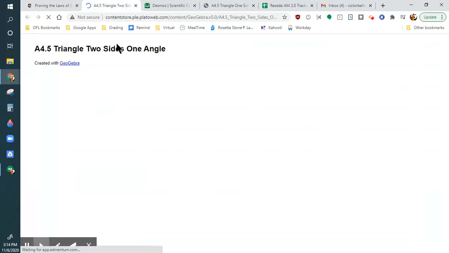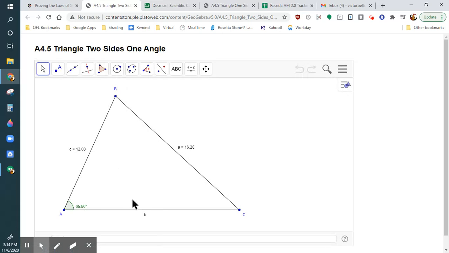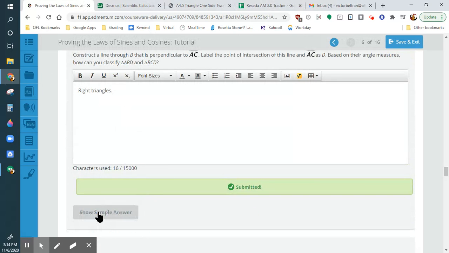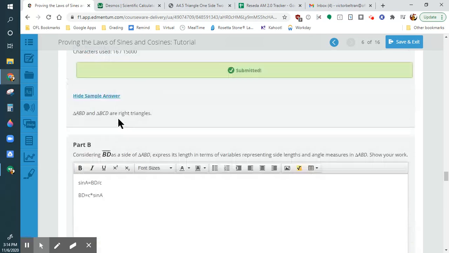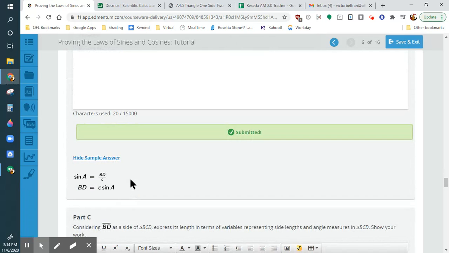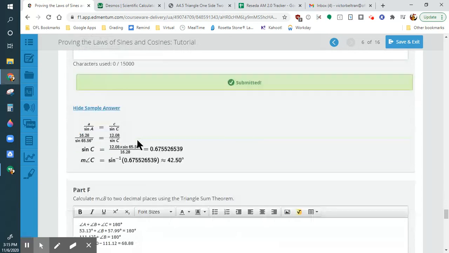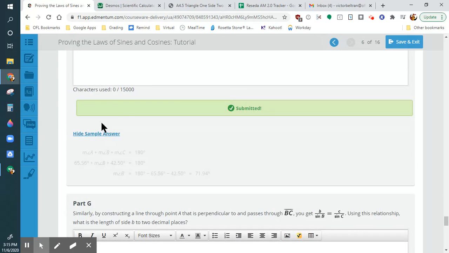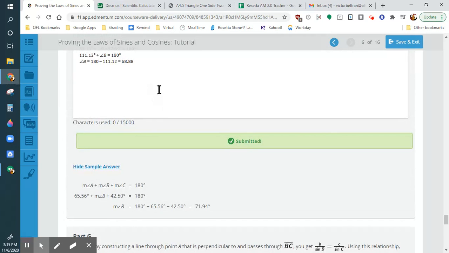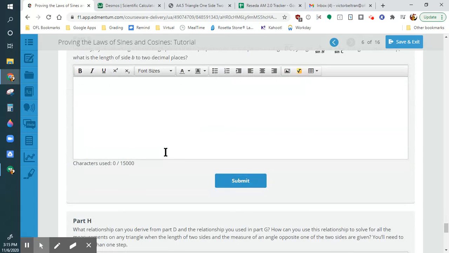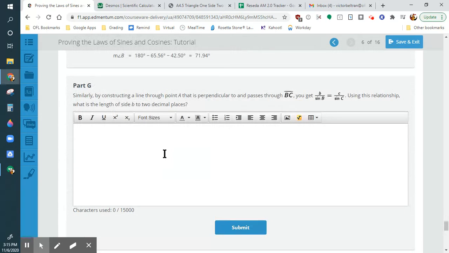So I'm sure if I look at this, it's totally different. Yep, completely different. So follow those directions. That way you can see this a little better, because I was under the impression we were still doing the same one. So I'm going to submit it. If you use this, that's fine. You're literally doing the same thing, just with a different triangle.